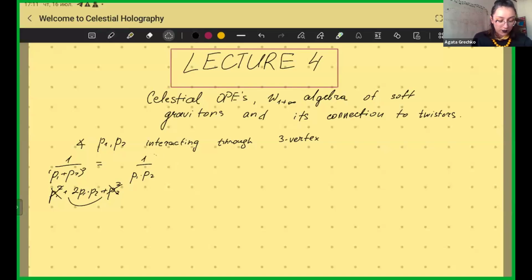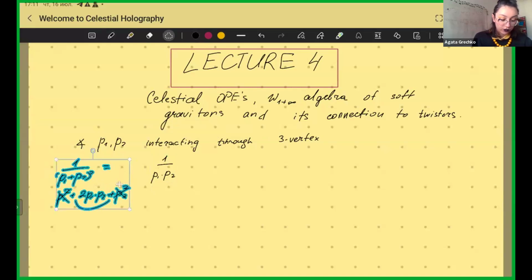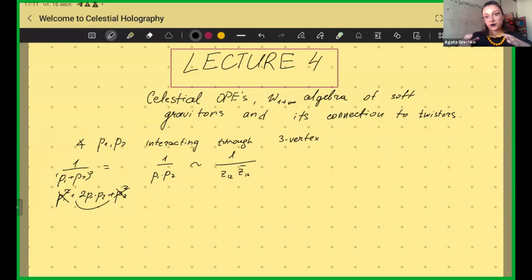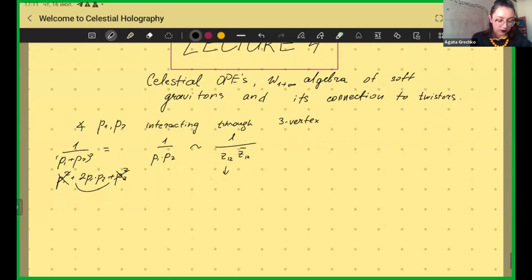What is going to happen when we rewrite it in our celestial coordinates? We will get something proportional to 1 over Z12, Z12 bar. So this thing, when we consider some scattering process, will be at most a simple pole at Z1, right?